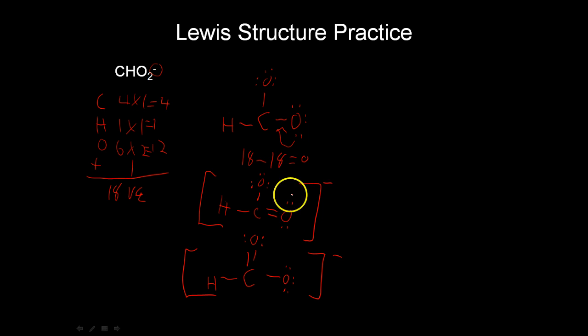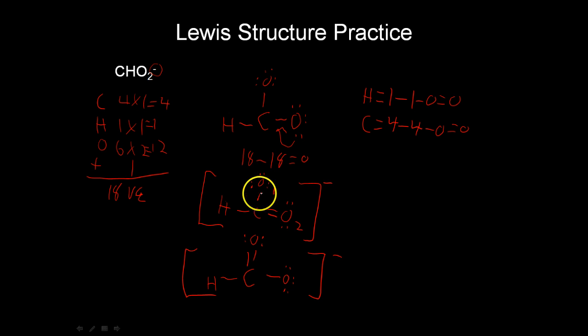So let's go ahead and calculate formal charge for all the atoms in this particular Lewis structure. Let's call this oxygen 1, this oxygen 2. For the hydrogen, hydrogen has 1 valence electron. It's got 1 line and 0 dots, so it ends up with a formal charge of 0. Carbon has 4 valence electrons, it's got 4 lines connected to it and 0 dots, so it's also got a formal charge of 0.